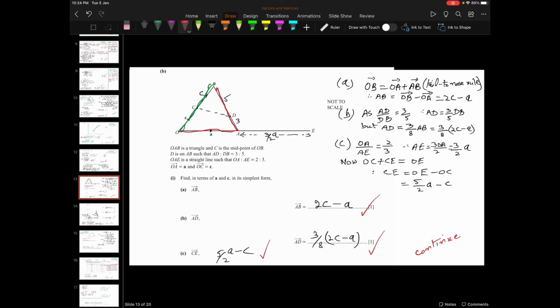Now from here AB is equal to OB minus OA. Now substitute the values of OB vector and OA vector. So 2C minus A, that is the value of vector AB.